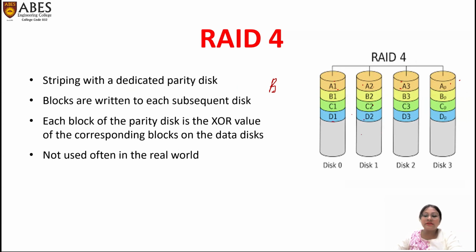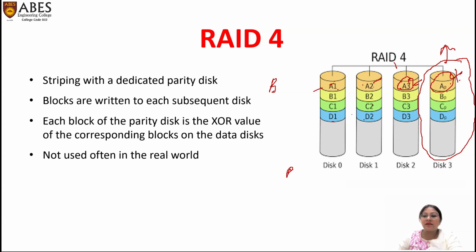But there is a limitation of both RAID 3 and RAID 4: if this disk D3 gets corrupted or failed, and simultaneously this A3 fails, then you cannot recover this A3 because the parity disk has also failed.